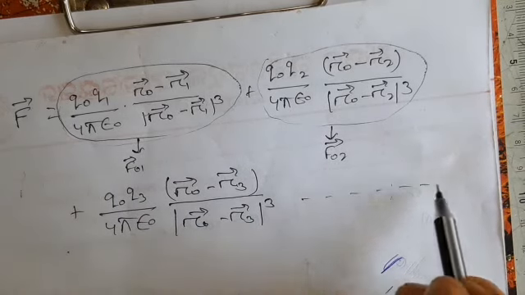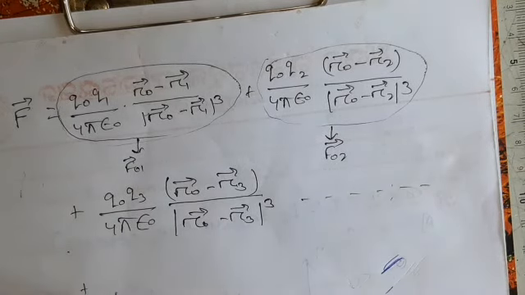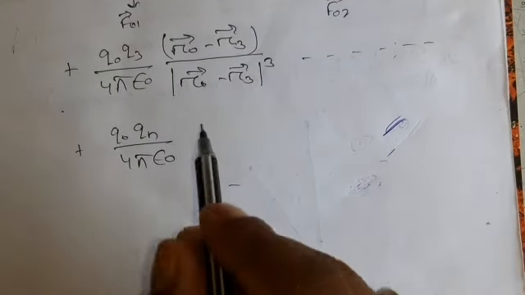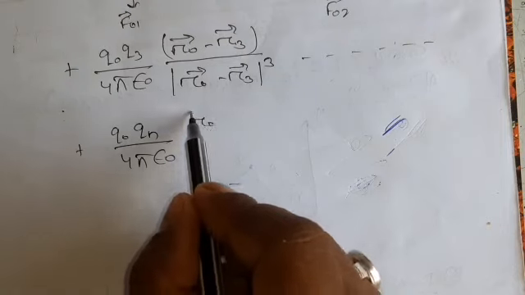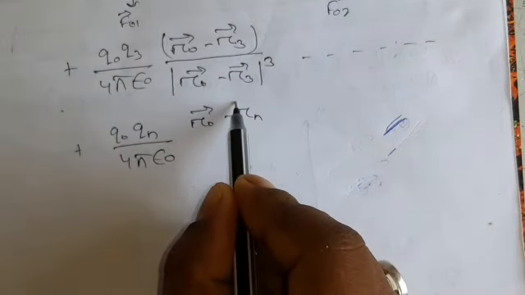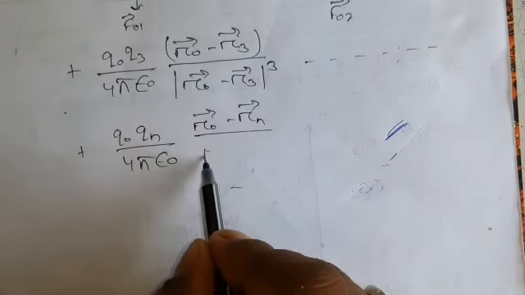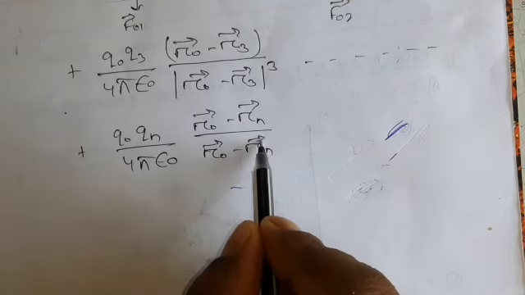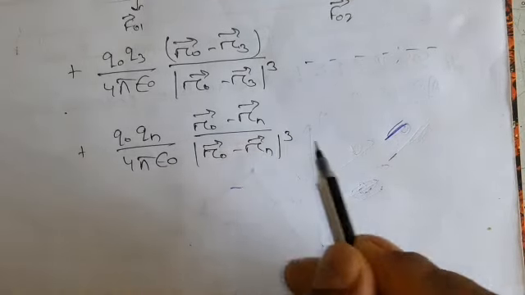And up to F naught n, Q naught Qn by 4 pi epsilon naught, R naught vector minus Rn vector divided by magnitude of R naught vector minus Rn vector to the power 3.